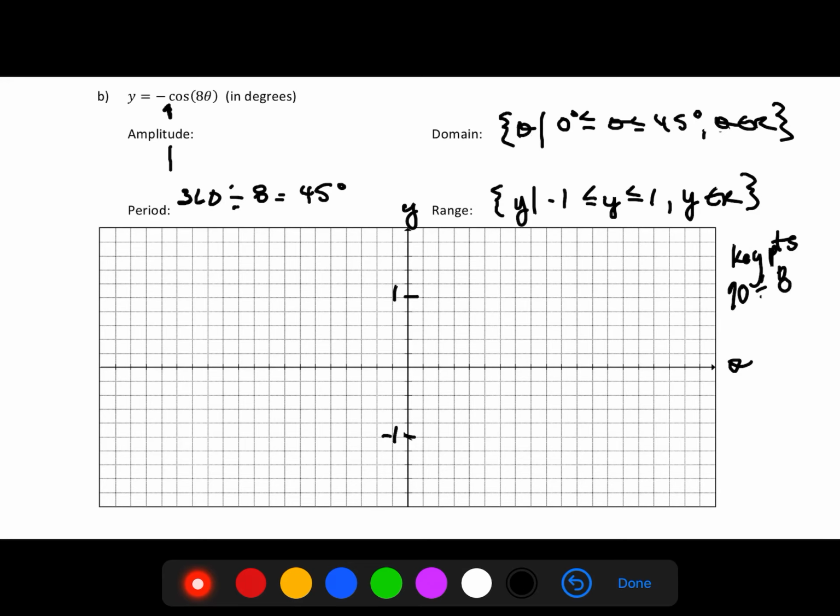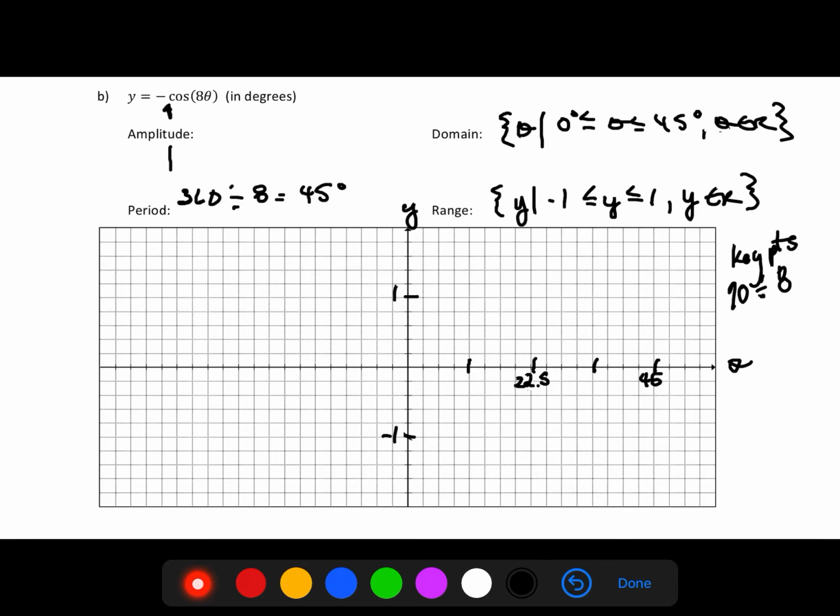Now our key points are going to be a lot smaller. So our key points were normally 90. We're dividing by 8. So our key points are actually going to be 10 point something. Well, instead of measuring every 10 point something, as long as we go in even blocks, we can still think about every 4 blocks being our key points.